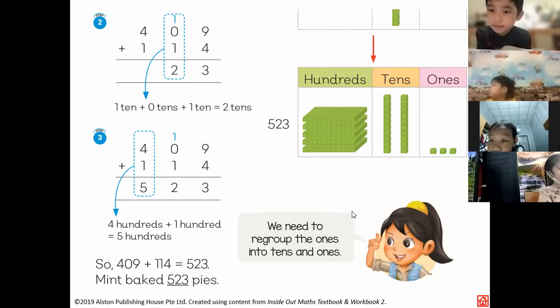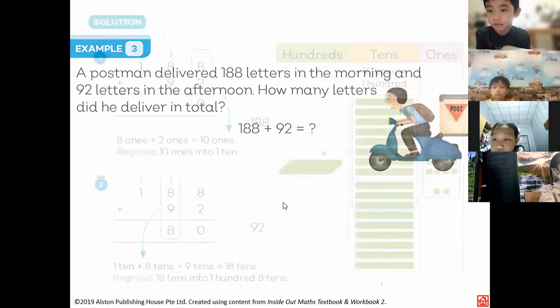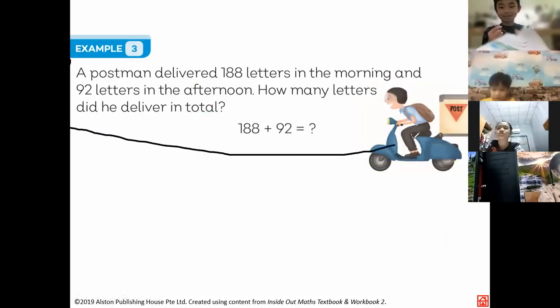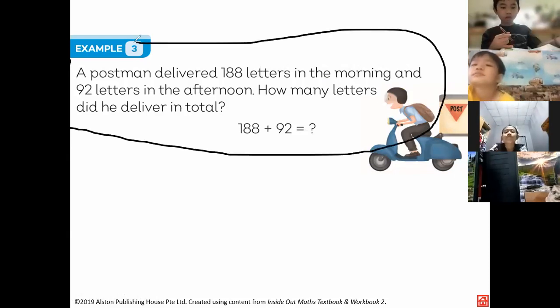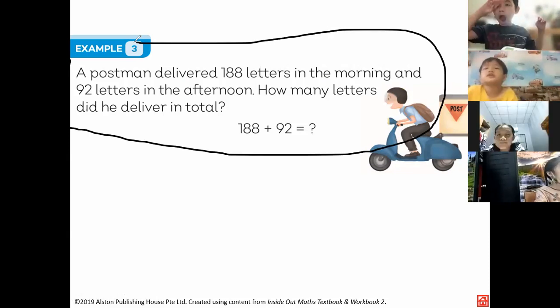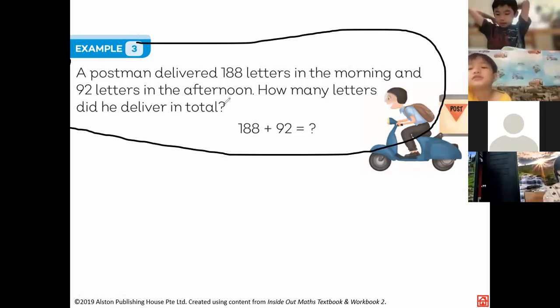All right, now let's try this one. Otto, can you read example number 3? Page number 14. A postman delivered 188 letters in the morning and 92 letters in the afternoon.